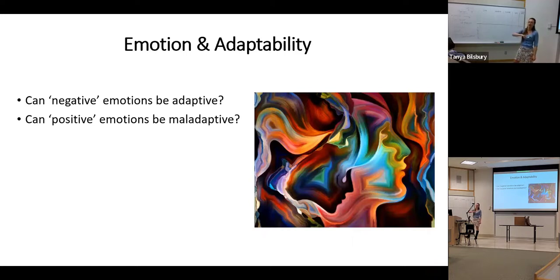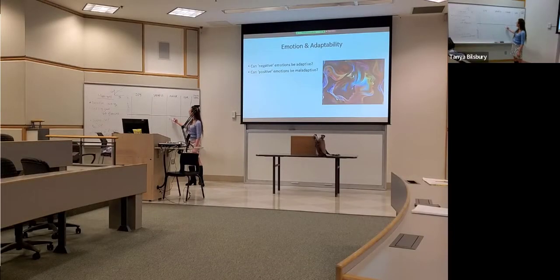It's in your textbook. If you're angry and you don't do anything about it, or you can't do anything about it, it can eat away at you. So chronic hostility, that sounds like you're not doing anything about it, leads to heart disease.